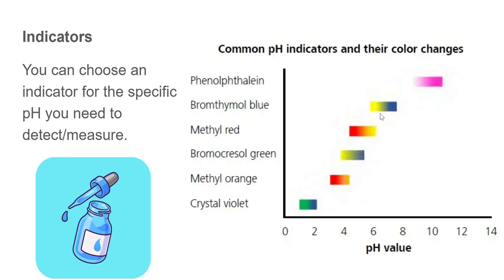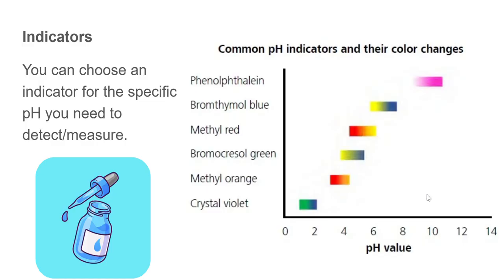We also have bromothymol blue, which starts out as yellow and then turns blue at 8. We've got methyl red, bromocresol green, methyl orange. Methyl orange is common for a pH of 4. It's really about what pH you need your titration to end at and to measure.